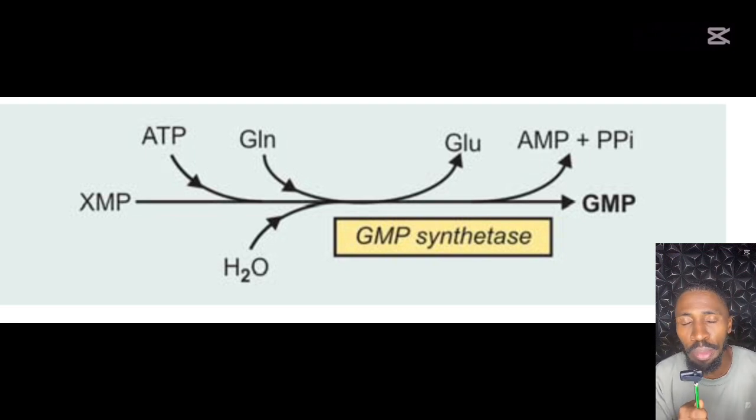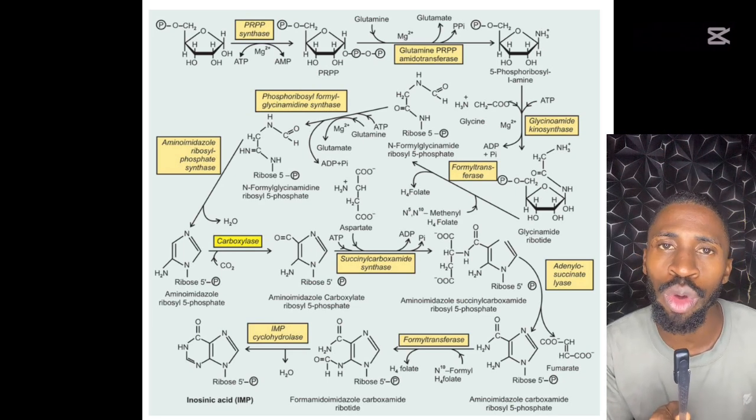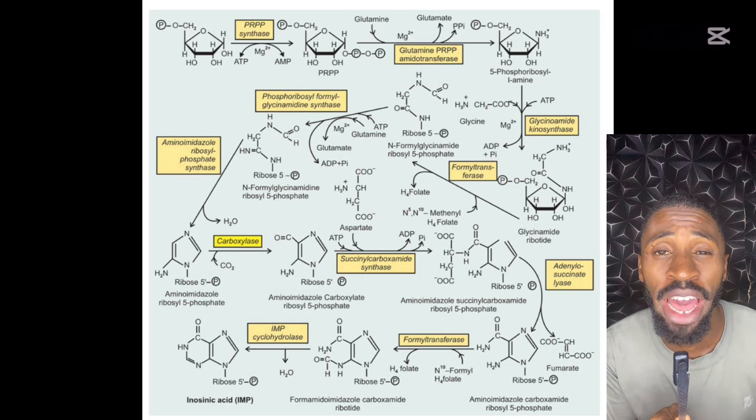So we have talked about purine biosynthesis. That is the end of purine biosynthesis. We formed purine using the 10 steps to form IMP, from PRPP to PRA, phosphoribosylamine. So we formed every step down to IMP. Then from IMP we formed AMP and GMP.